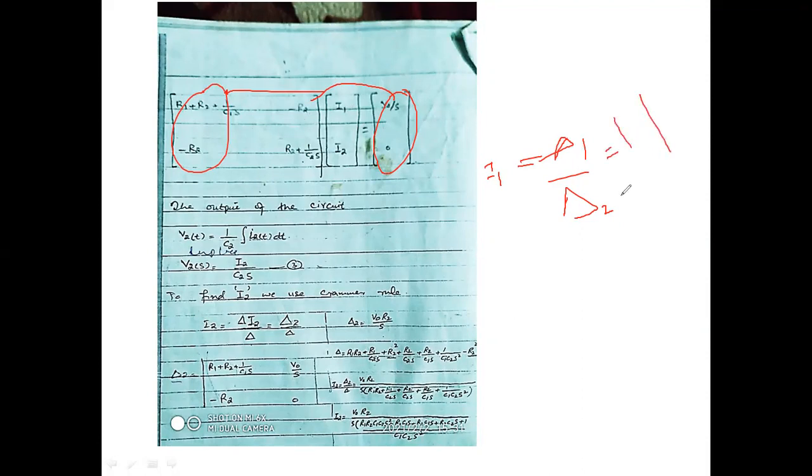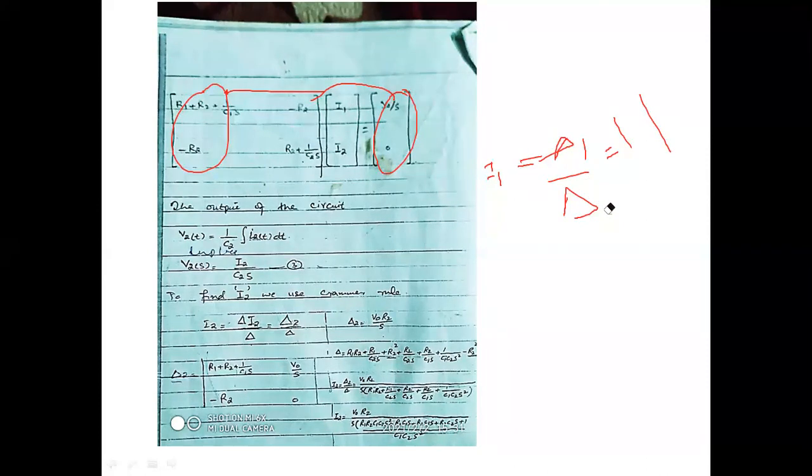Okay, so according to the Cramer rule, I1 is equal to delta 1 over delta. Delta 1 is obtained if you replace the first column of this matrix, and then we get delta 1 in determinant form.